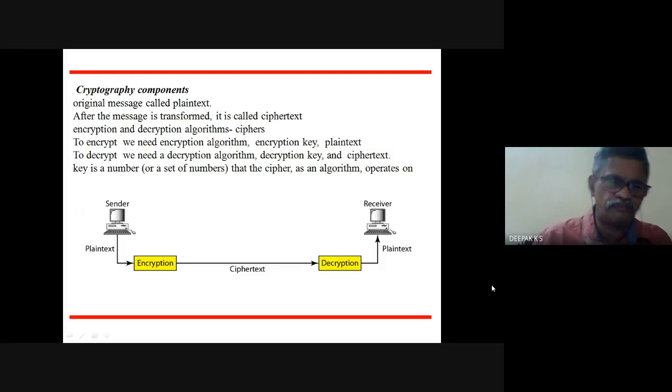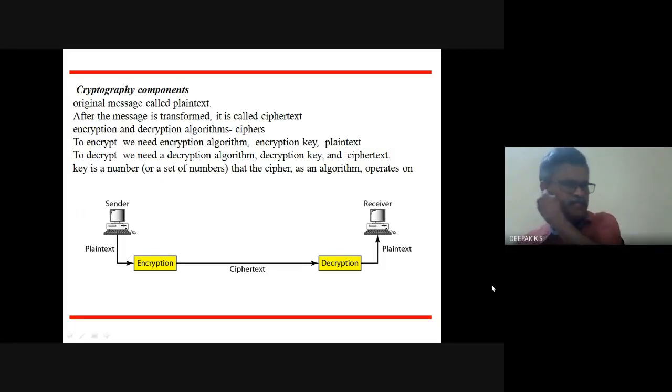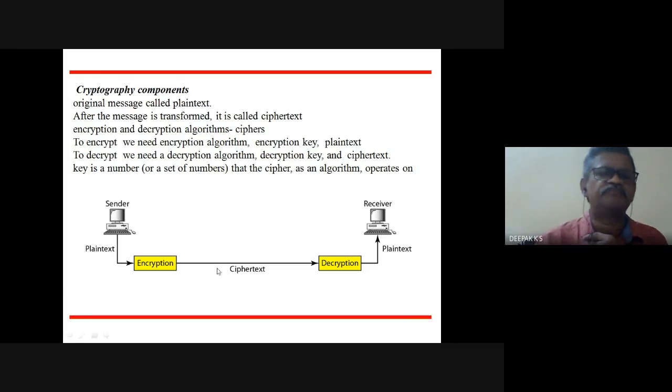So cryptography components: you have a sender, and the original text is called plain text. This should be encrypted and it is transformed to a cipher text. And again it is decrypted and you get the plain text at the receiver.